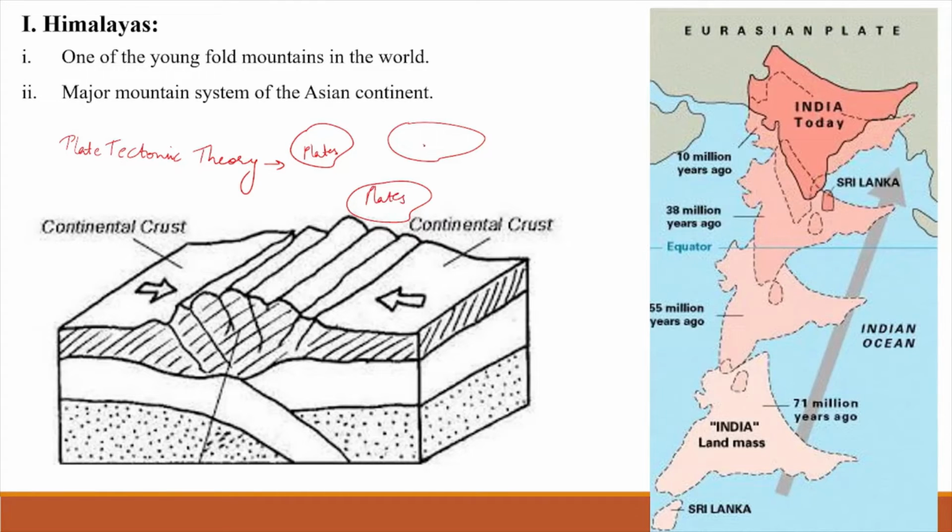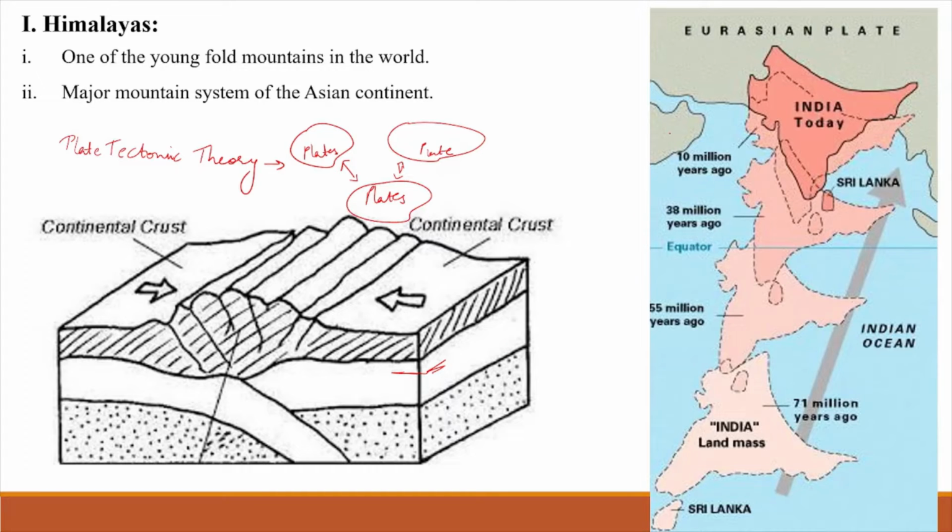Now all these plates slowly started moving towards each other or away from each other because of different forces. Again, not going into detail, but endogenetic and exogenetic forces took place on the continental crust and the layers below it. So because of that, there was movement of these lands.